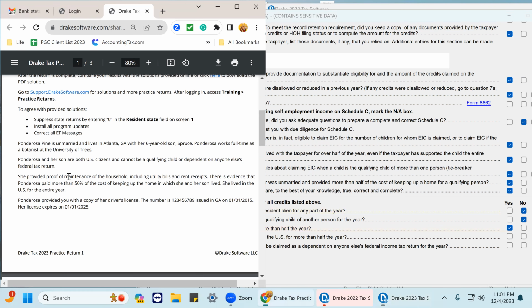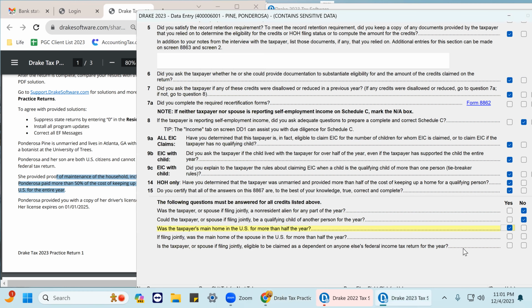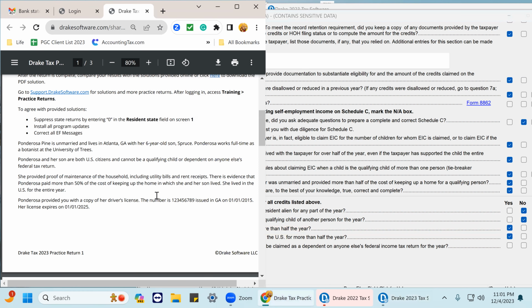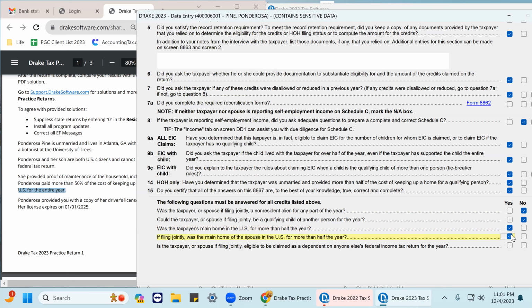Like here. You see it? Like that. And then they say it: more than half a year, they say in here, in the entire year. It matters.